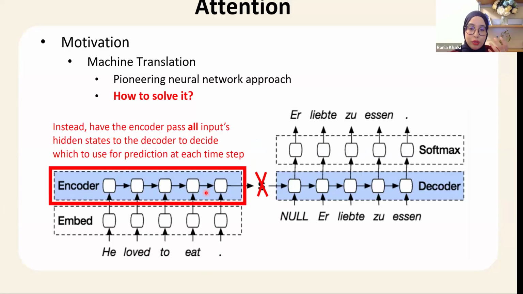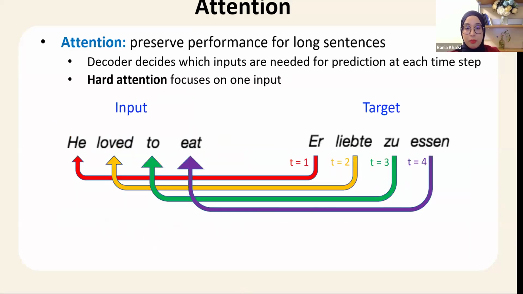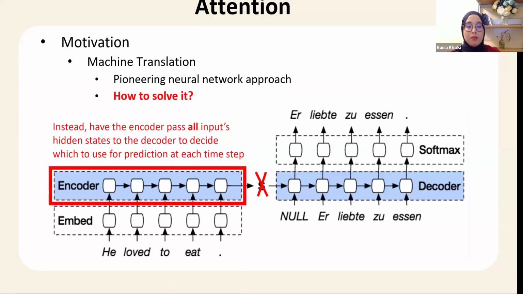So instead, we have the encoder pass all the input hidden states to decide which to use for prediction at each time step. So the idea is that we will use the attention mechanism.